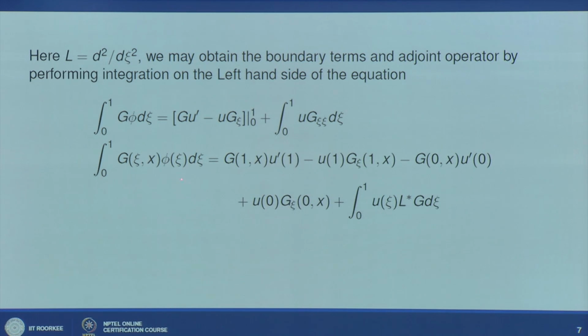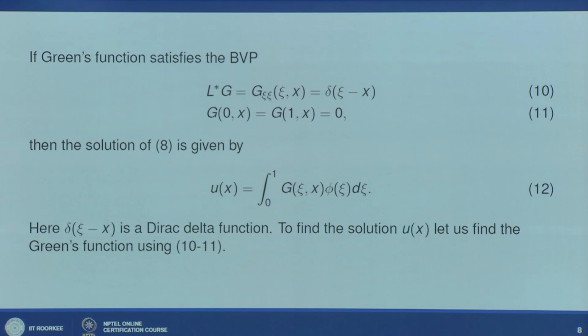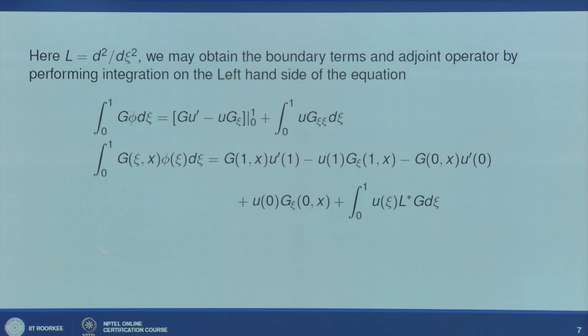So here if you remember, we have u double dash given by phi. So I am writing here phi in place of u double dash of xi. If we look at the boundary conditions, u1 is equal to 0 and u0 is going to be 0.